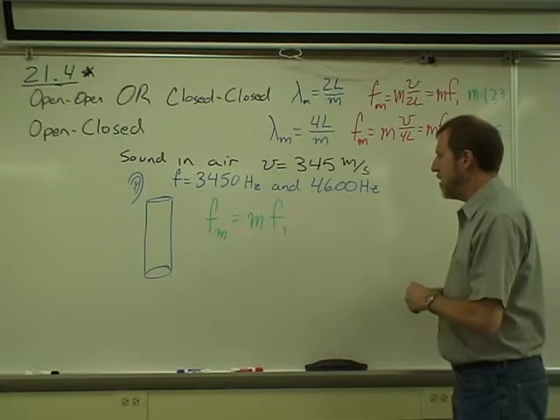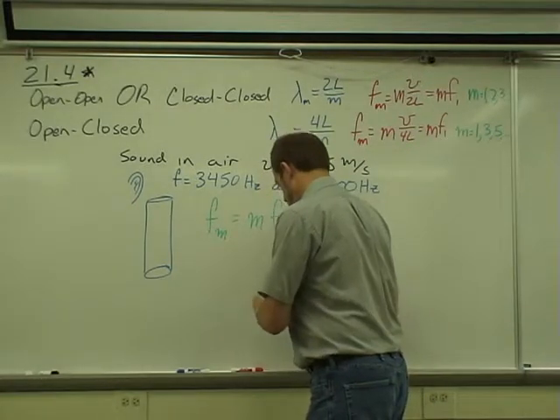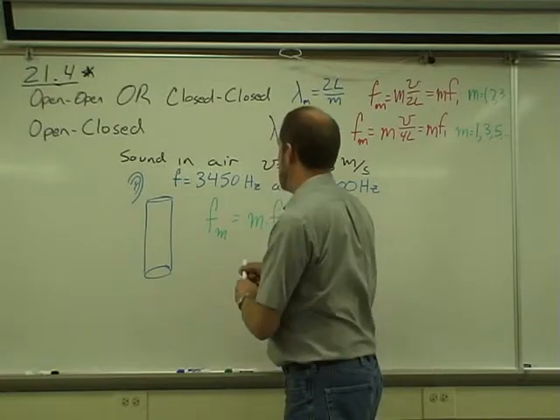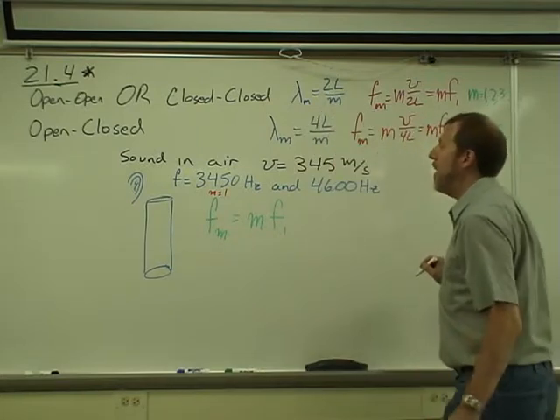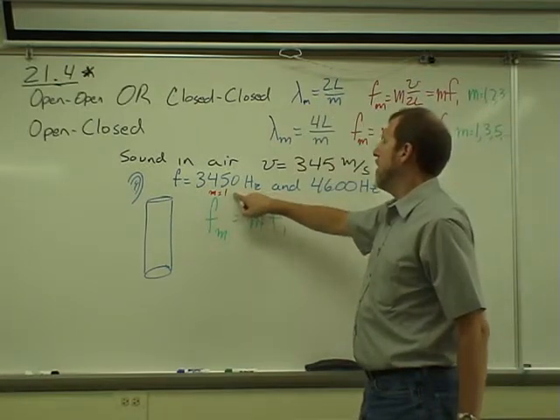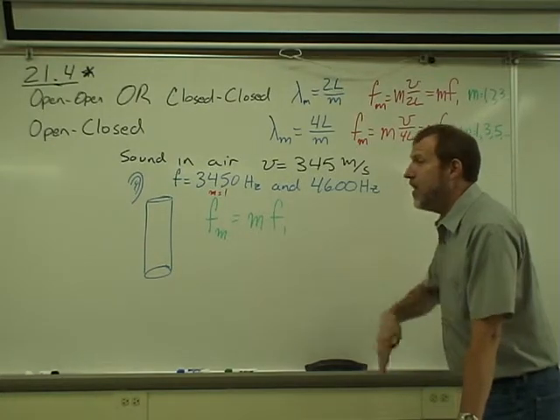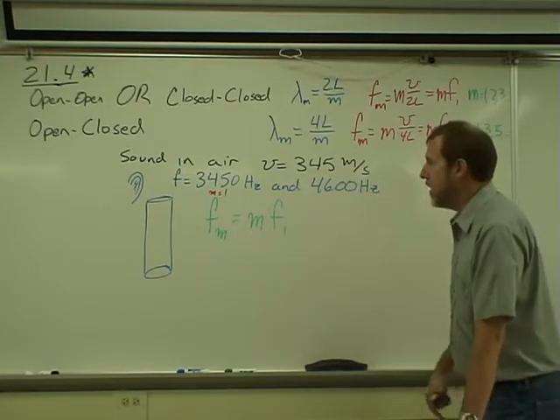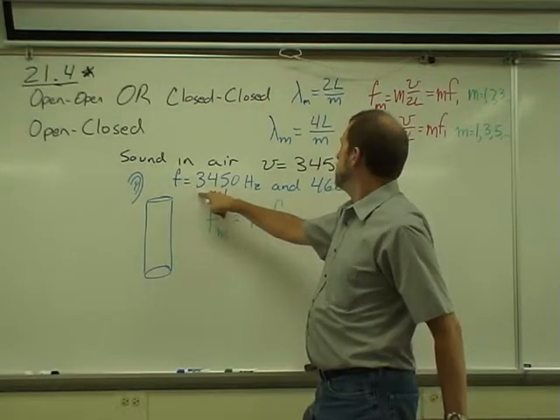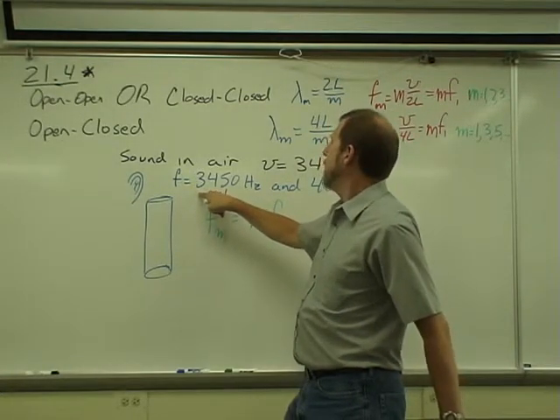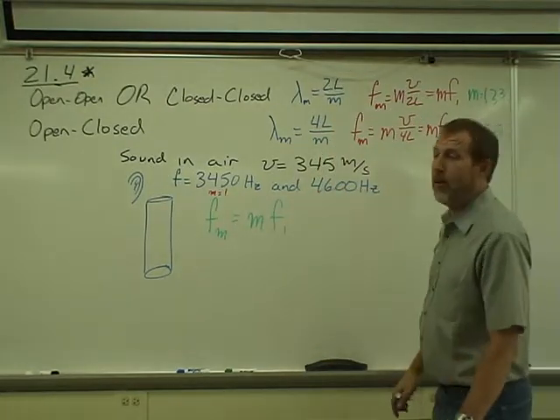Now, could this be one? Well, if that 3,450 hertz is the fundamental frequency, then the next frequency that resonates will be at 6,900 hertz. So the 4,600 hertz will not be heard.